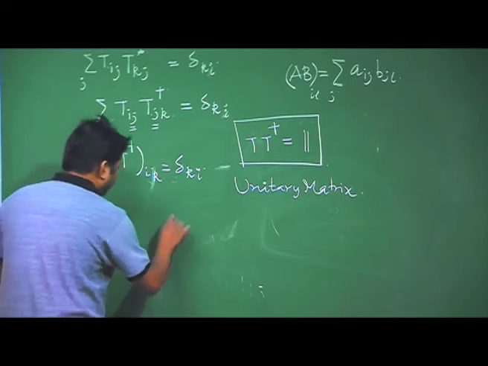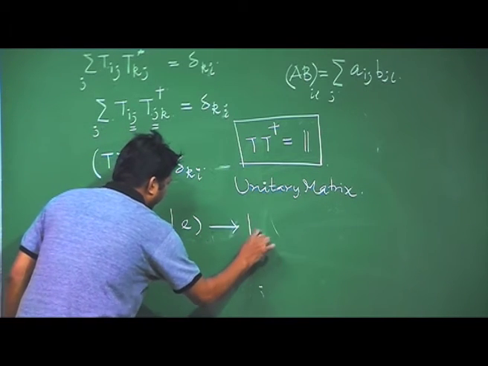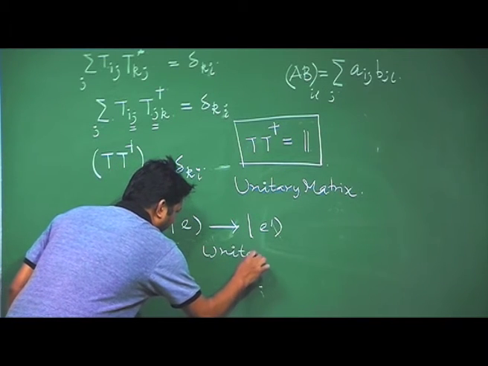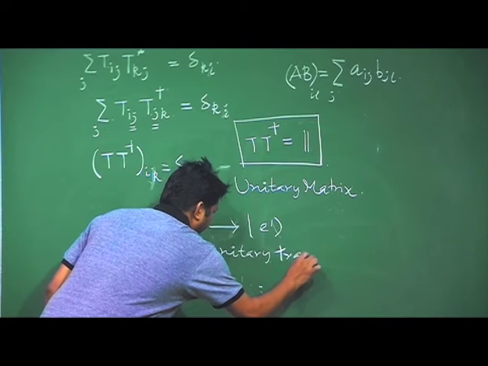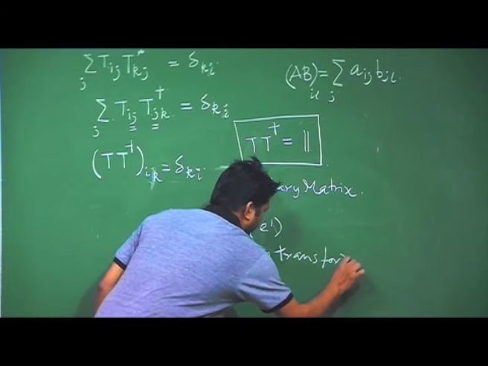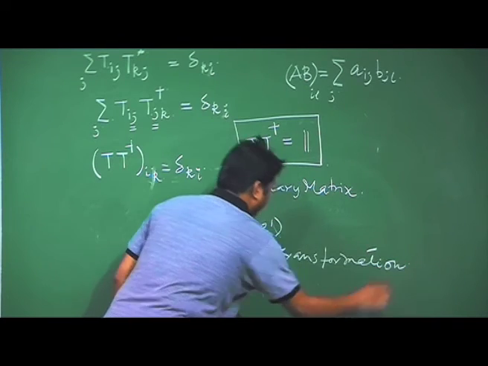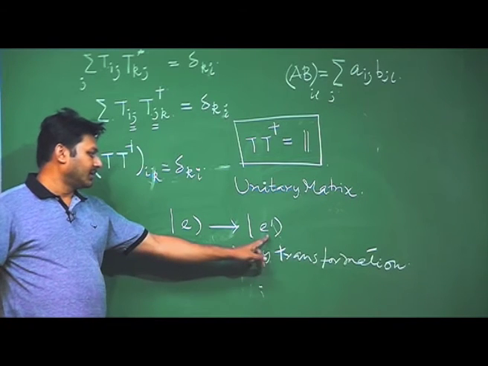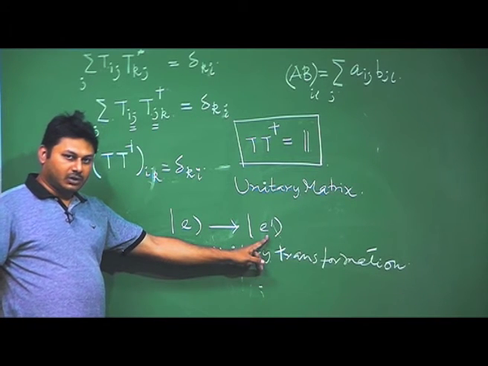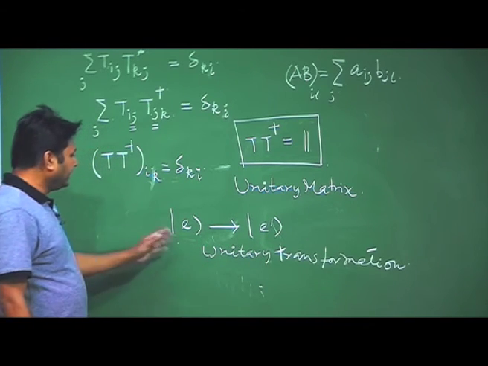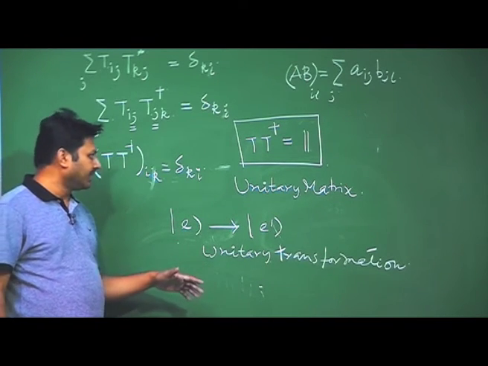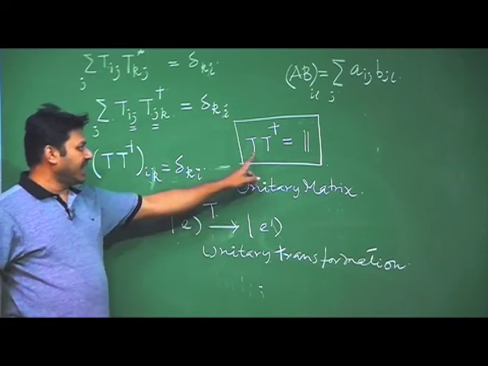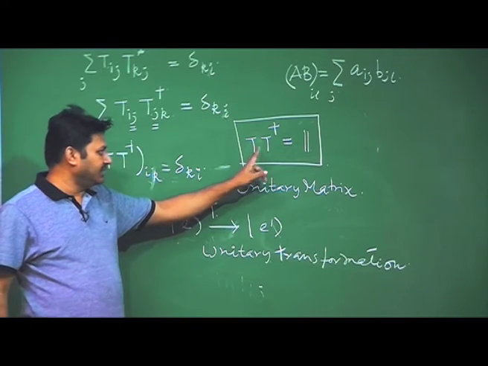So this transformation E to E prime has to be a unitary transformation, so that both the bases form a set of orthonormal bases. Here E prime and E, both the bases are orthonormal bases, transforming by a matrix T, but this T has to follow a rule, that is T T dagger is equal to 1.